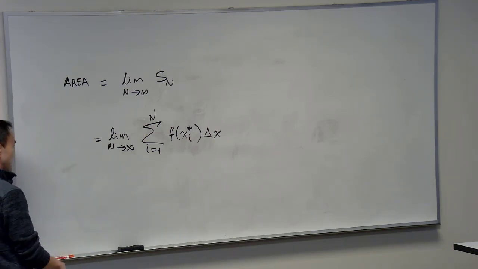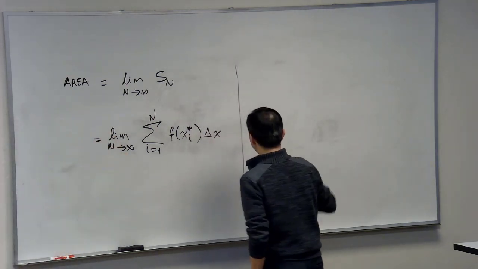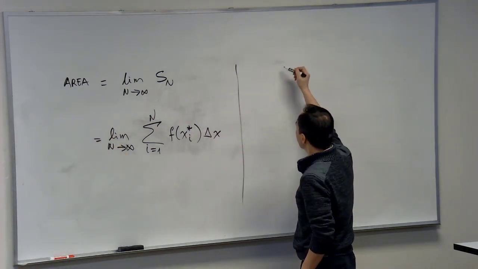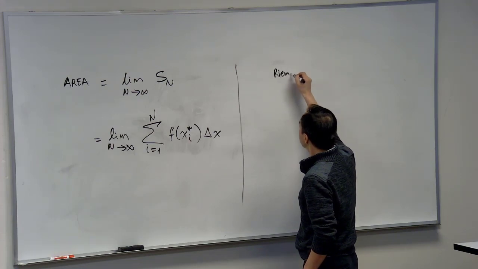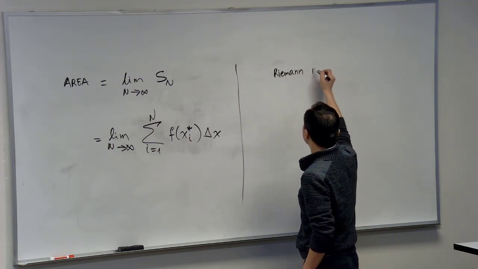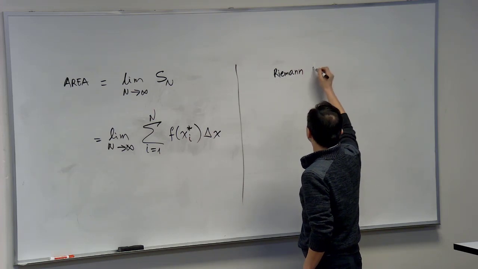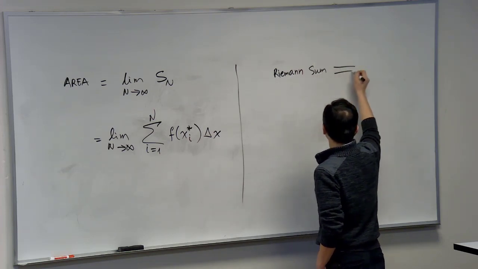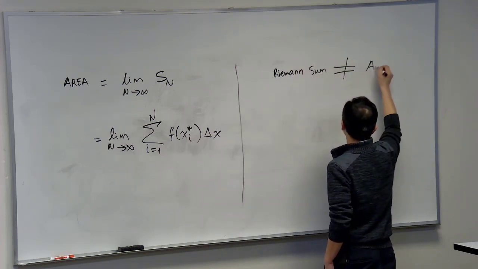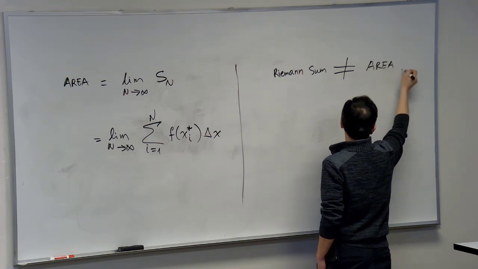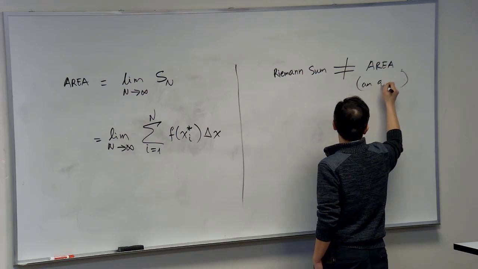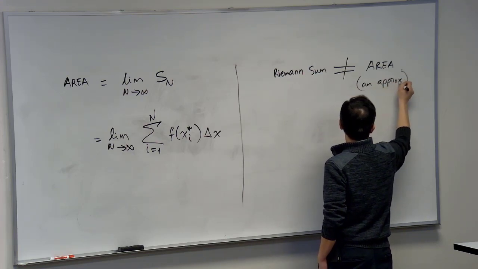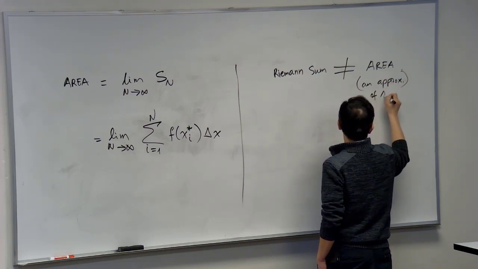Then again, like I'm saying here, in the earlier lecture, I mentioned that the Riemann sum itself is not necessarily always an area. See what I'm saying now? Or it's not always an approximate area.